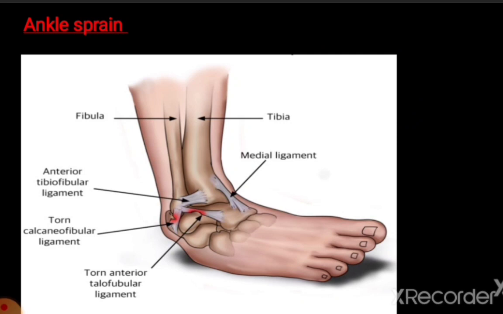Then the ankle sprain. In this sprain there is tearing of the ligaments. So in the ankle sprain there is excessive tearing because of the excessive movement of the ankle and the opposite side. This is the ankle sprain. There is tearing of the calcaneofibular ligament commonly and anterior talofibular ligament.